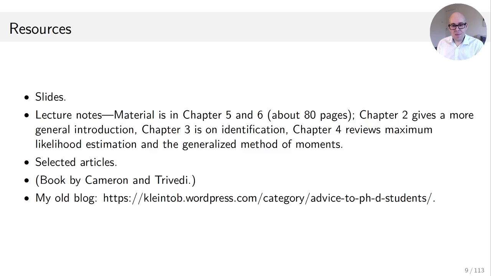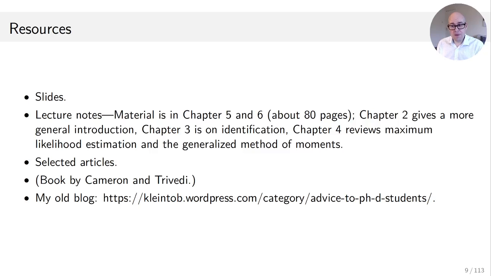On top of that, in chapter 2, there's a more general introduction that I recommend you have a look at. Chapter 3 is on identification, so it's really a good idea to read that. I can highly recommend that. I'm just not going to have time to cover all of this material in this course, but this might change the way you're thinking about empirical work, and might really benefit you later on.